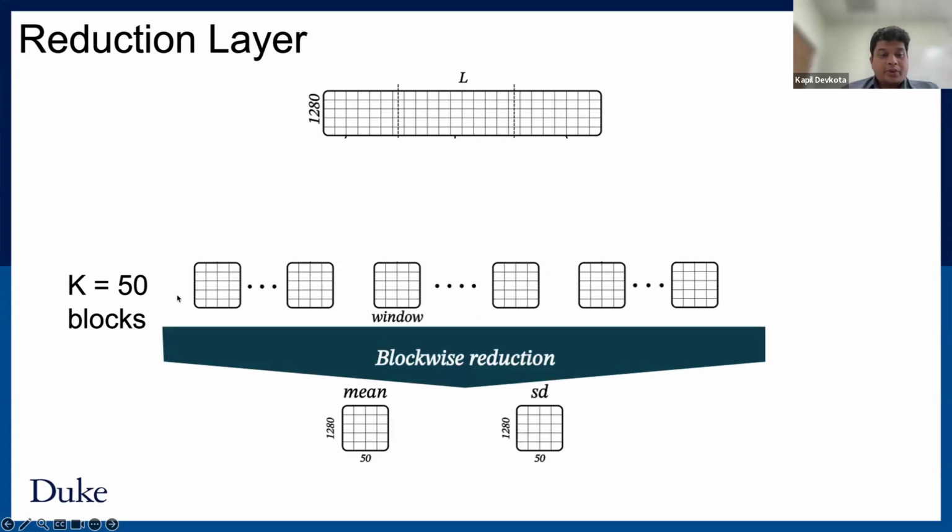The averaged output within each block is then concatenated again to get the final output. We can also conveniently compute a standard deviation within each block and return that as well. So this reduction process is very simple and does not require any parameter, but it adds a significant distributional property to the end result.